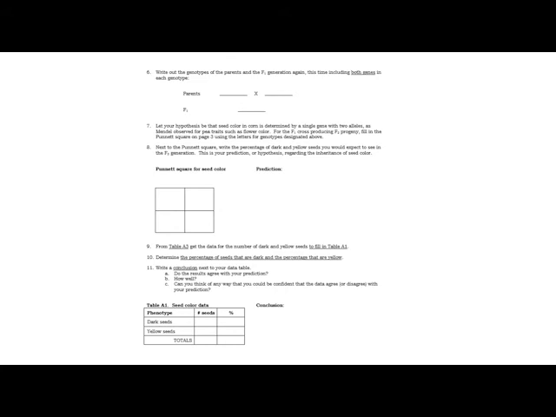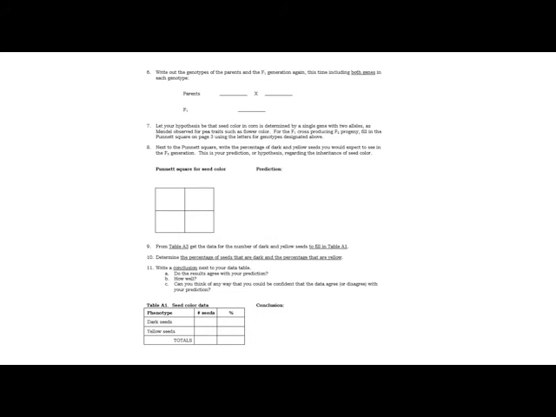Now when you look at the conclusion, the same thing is going to be done in three spots: for seed color, for seed shape, and then for the dihybrid cross. You can see 11 says what you're supposed to be doing. First off, do my results agree with my prediction?